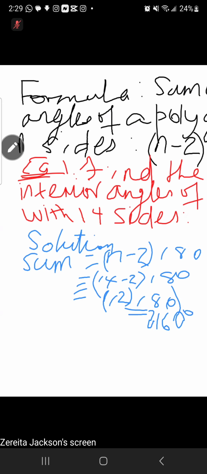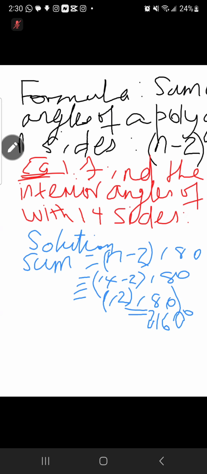That's basically what you need to do. The sum of interior angles of a polygon with n sides is n minus 2 times 180. I base that on the fact that the sum of the angles in a triangle is 180 degrees. And there's a direct relationship between the number of sides of the polygon and the number of triangles obtained when we draw the diagonals from one corner.